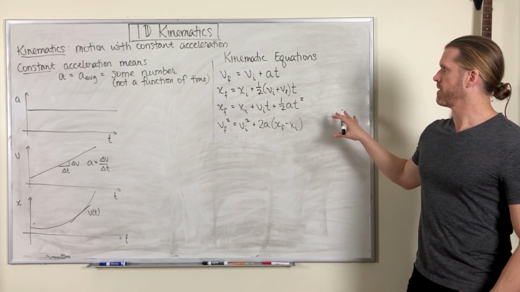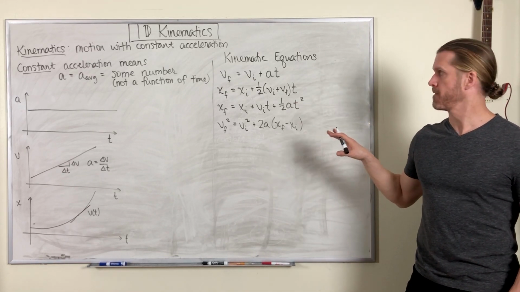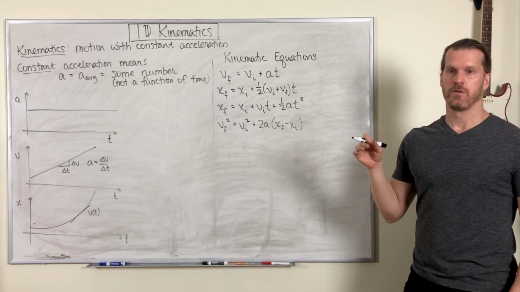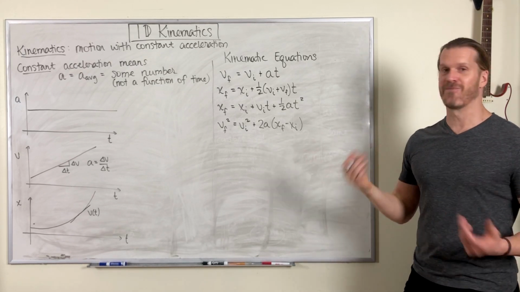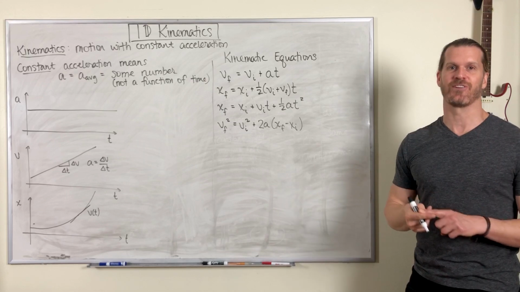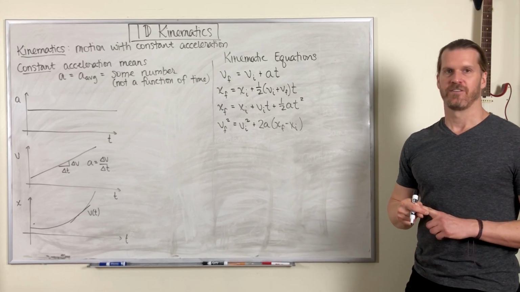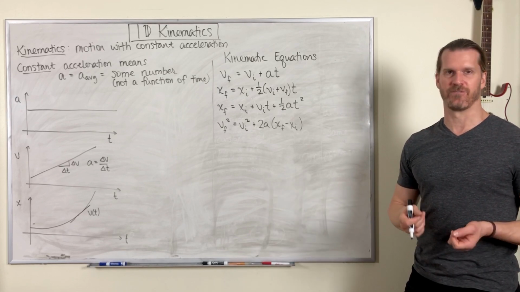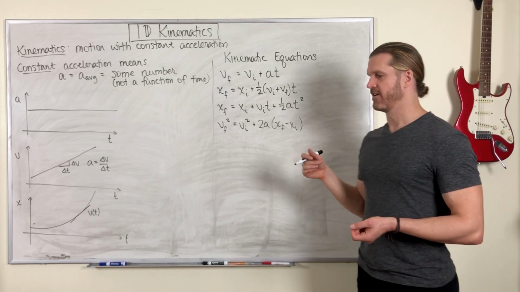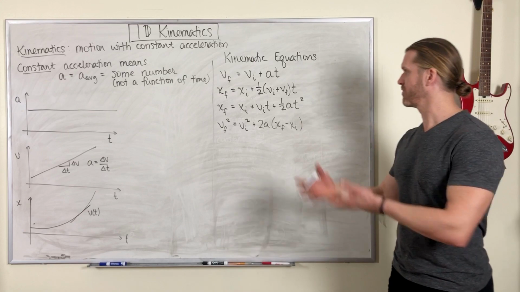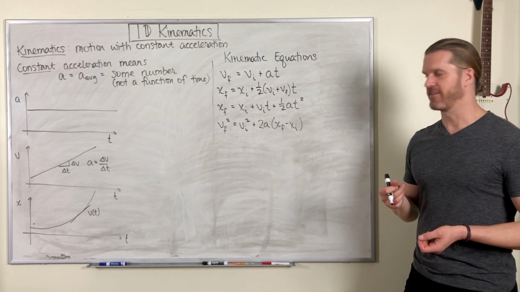So a few things about these equations. First of all, they come from somewhere. They come from the calculus definitions of position, velocity, and acceleration. So you can derive them if you use some calculus. We won't derive them in this class. I'm just presenting them to you, saying this is what they are.